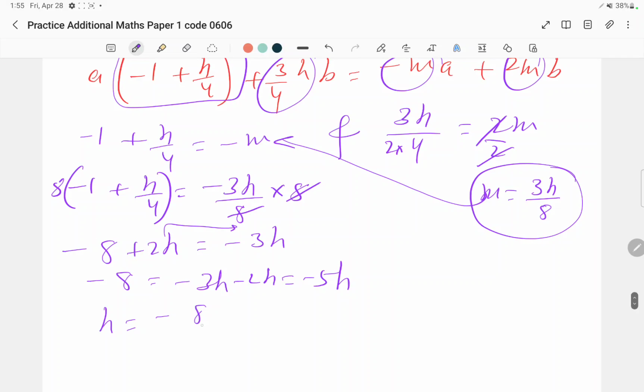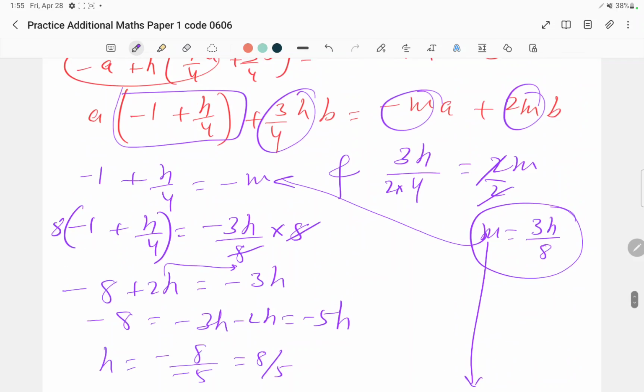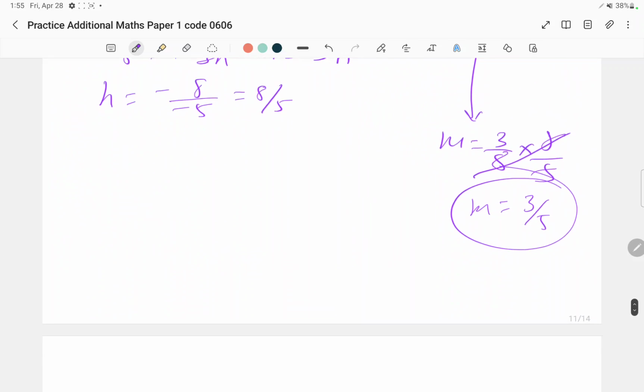Now H equals minus 8 over minus 5, which is 8 over 5. Then finally M will be 3 over 8 times 8 over 5. So M is 3 over 5. So question was to find H and M, which we got.